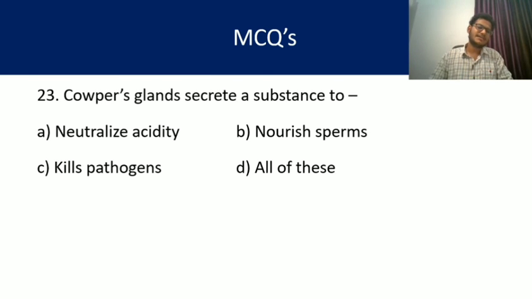Urine being acidic, the acidic nature of urine in the urethra and in the vagina of female is neutralized by the secretion of the corpus gland. So the answer is neutralize acidity, A. So 23, answer is A.